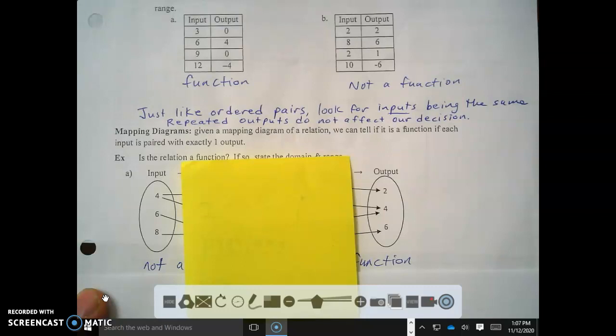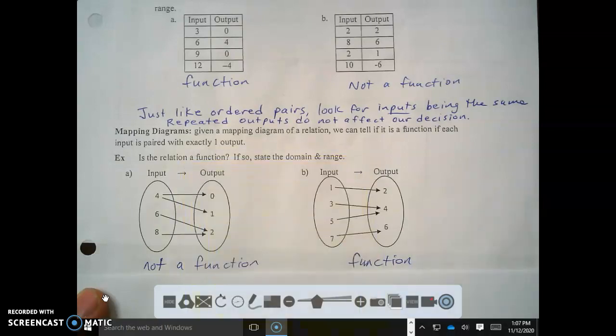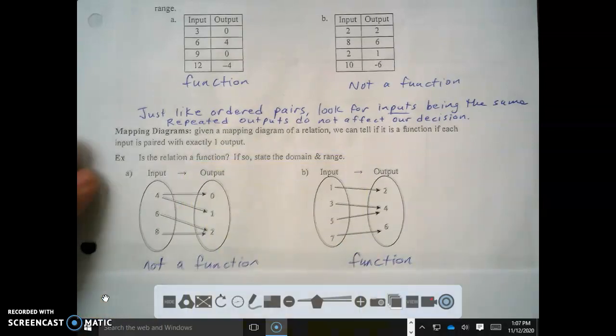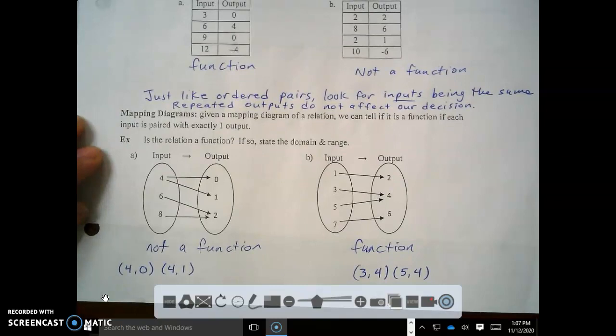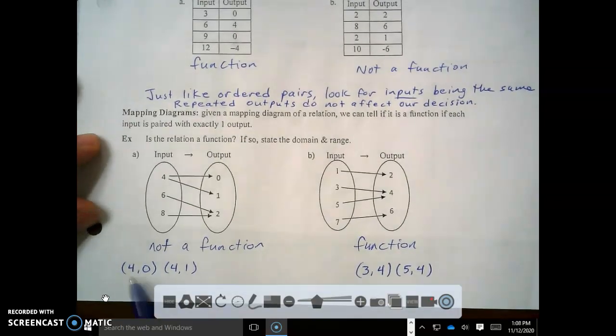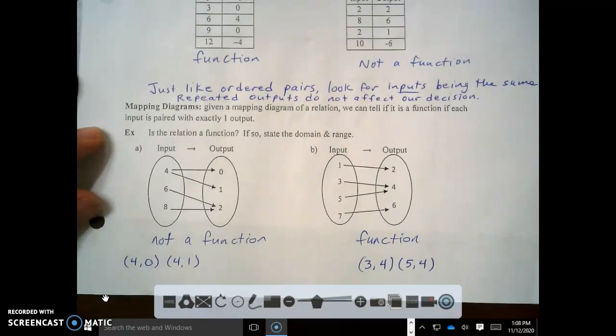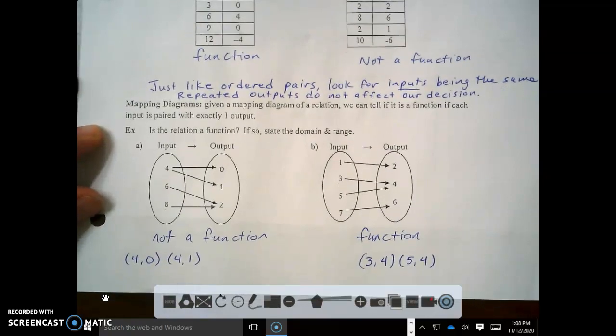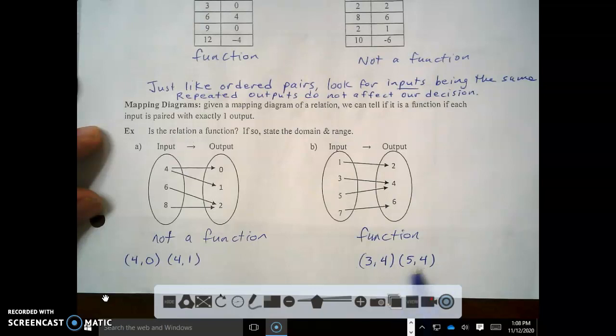Notice the 4 has 2 arrows coming off of it. Again, we don't care what happens after. Not a function. So I added a little bit to the bottom here, trying to show you that the input 4 has more than one output. Over here, that's okay if outputs repeat.